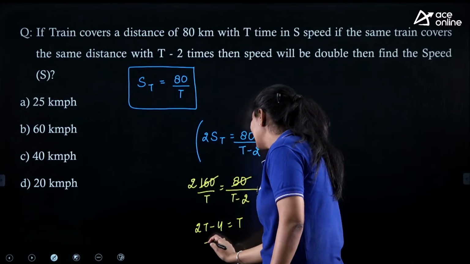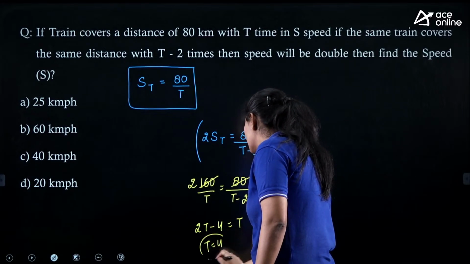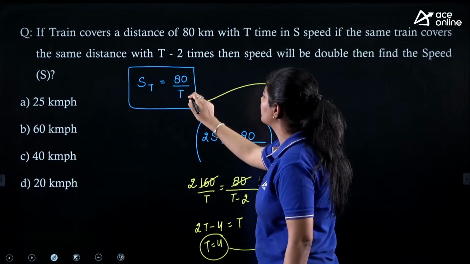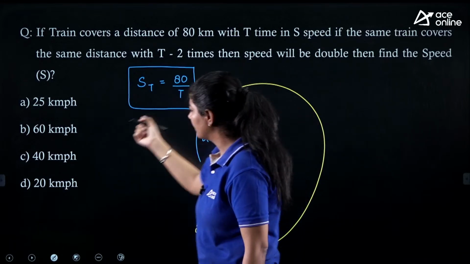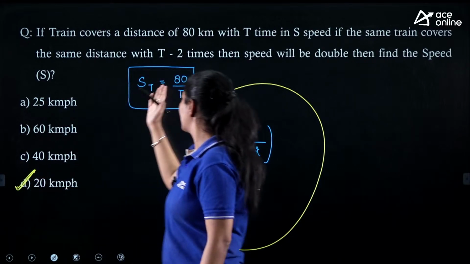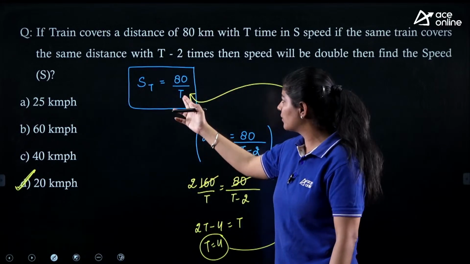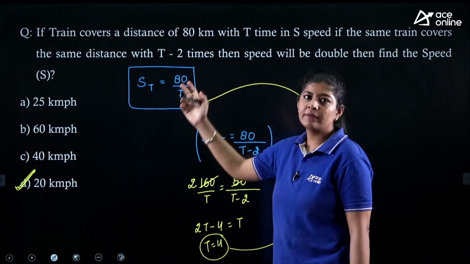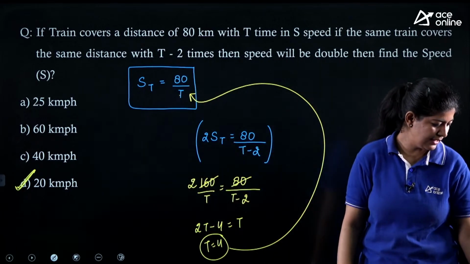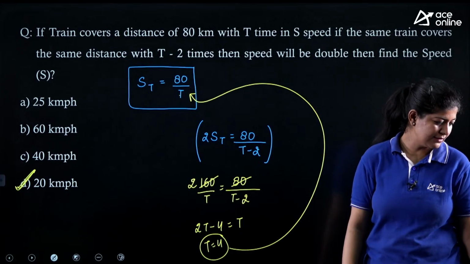So we get t as 4. And as we got t as 4, we simply substitute it and we will get 20. Option number D is the correct one. I am not going to substitute everything; you can easily put the value 4 over here. 4 into 2 is 8. So we will get 20 as our answer, right?